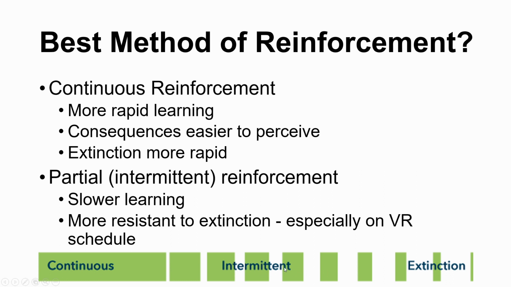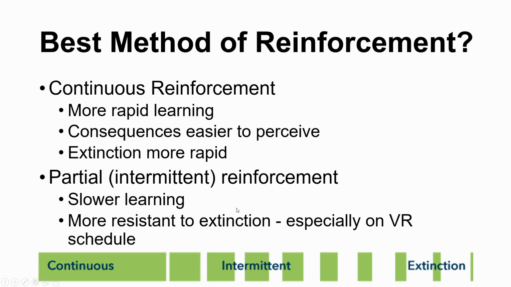And then it becomes hard to tell: is it intermittent reinforcement and we're just being really unlucky for some presses, or is it actually extinction? It's very difficult to tell if you press the lever and didn't get food because you don't always get food when you press the lever, or because pressing the lever no longer gets you food.